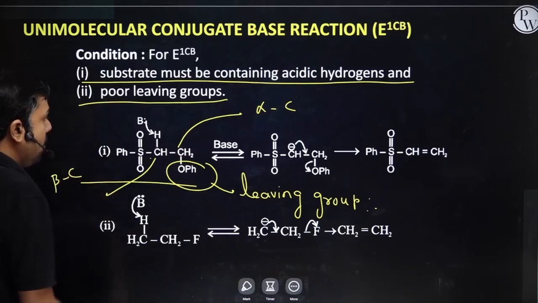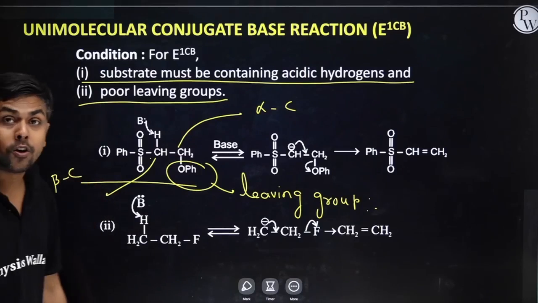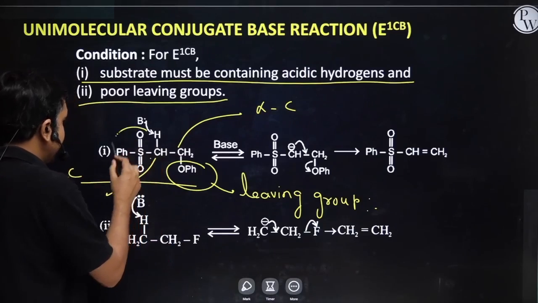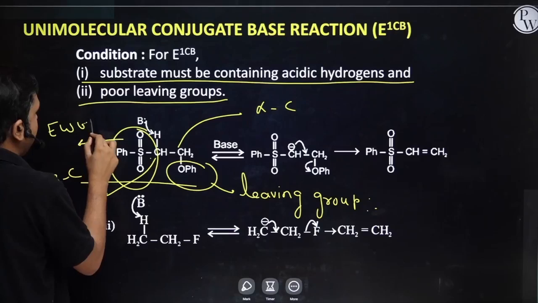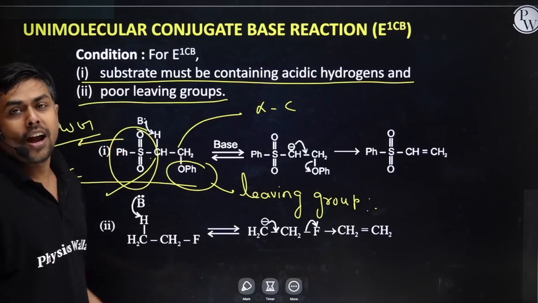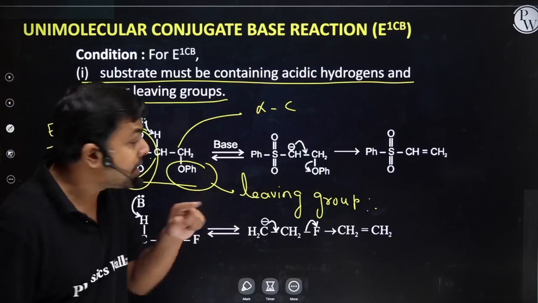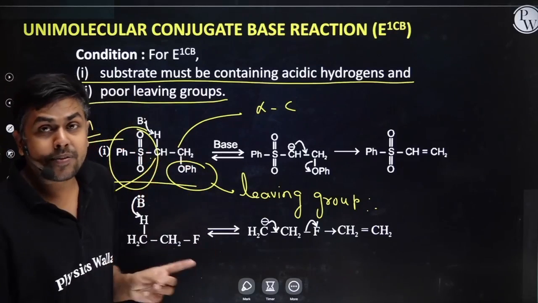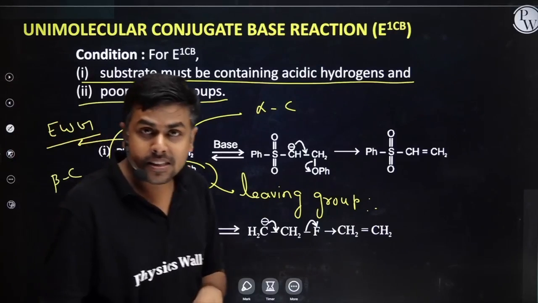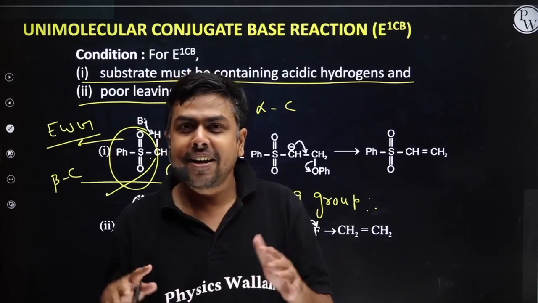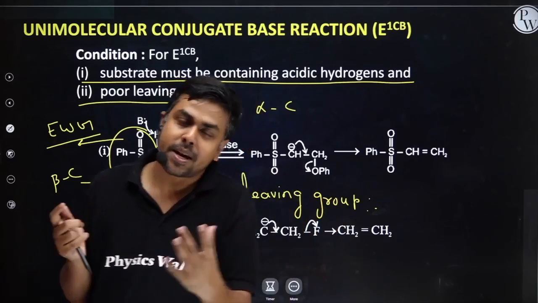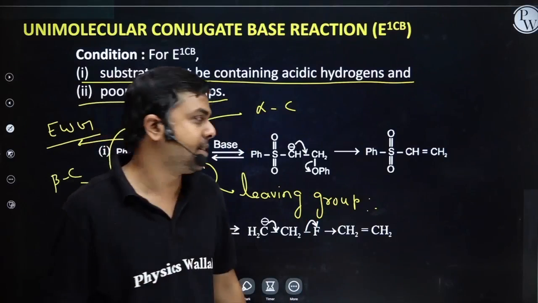Now I will check whether the beta carbon is acidic or not. Yes, it's highly acidic because the electron withdrawing group, EWG, is connected here, right? And now this EWG will stabilize the carbanion. And if the carbanion is stable, it means the compound is acidic, right? If the conjugate base is stable, it means the parent compound has acidic behavior.